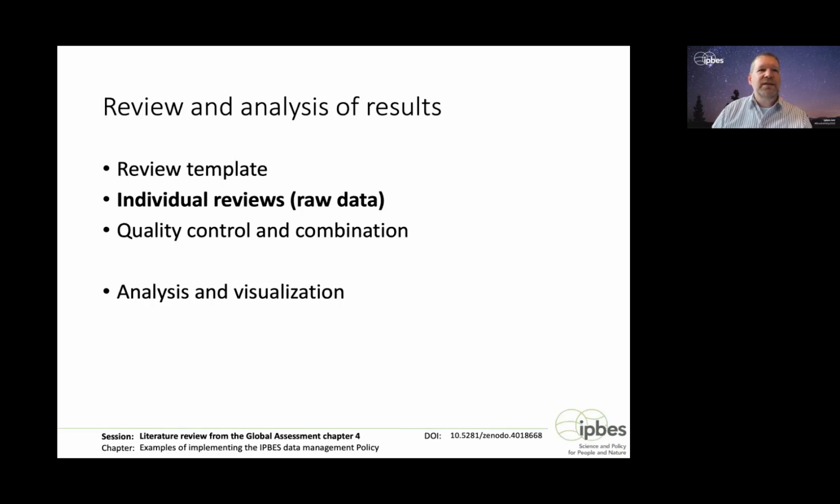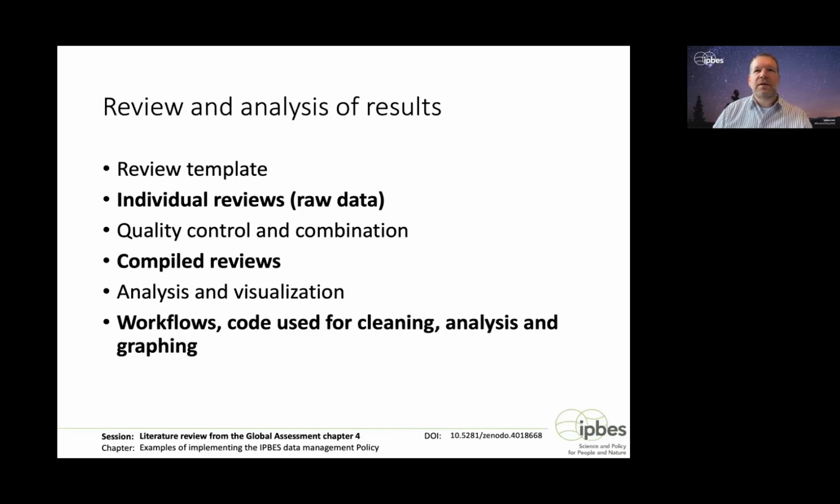That's your raw data, not to be touched. This raw data is then combined into one data set. And this data set is then analyzed with code and workflows for analysis and graphing, which then finally results in your final graphs. All these things are again put into the data management report, as well as the individual code and data sets will become part of the data deposit.